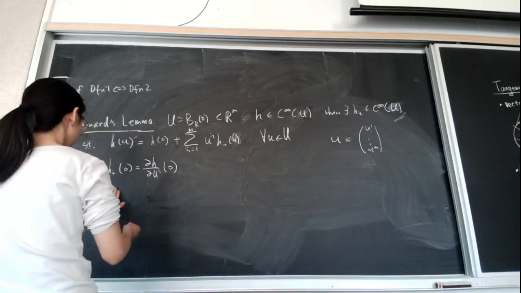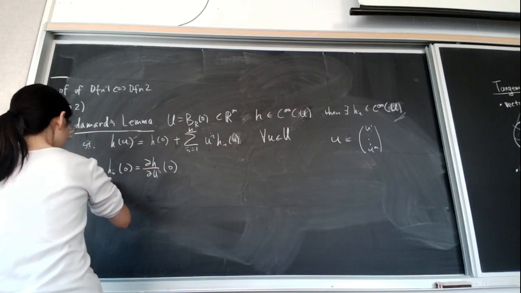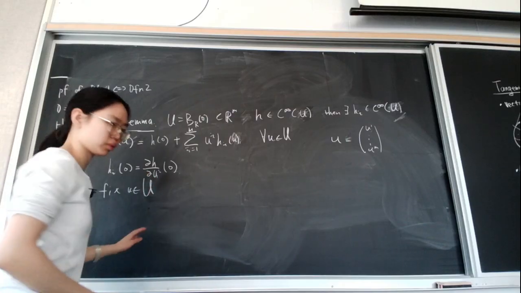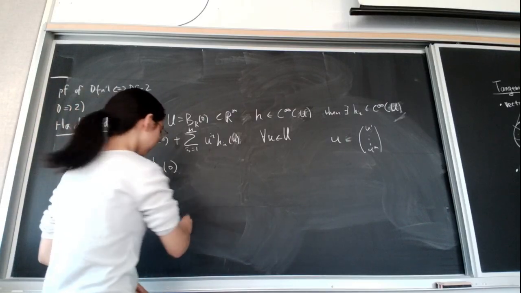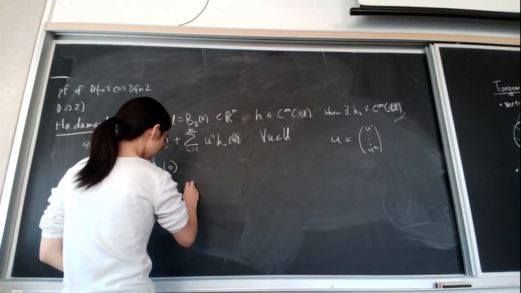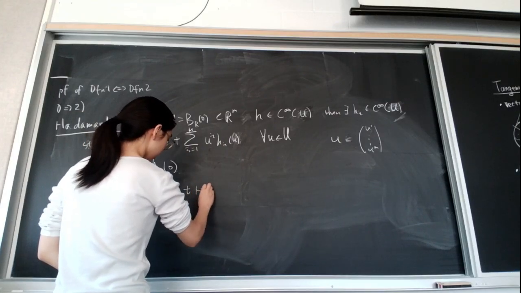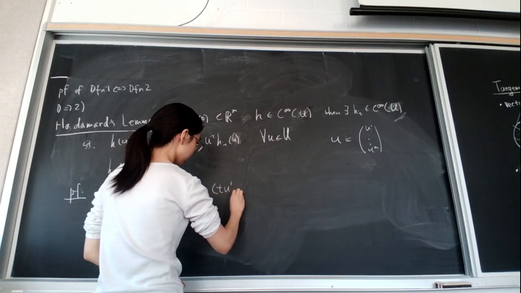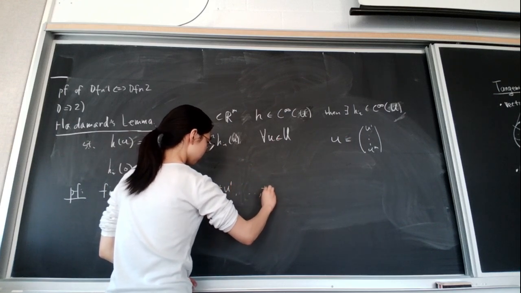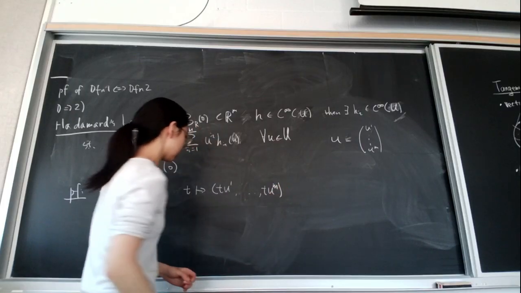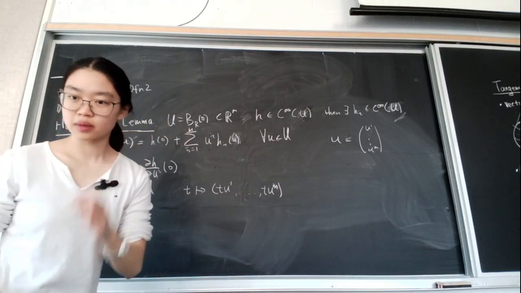So let's fix u in this open set U, and we consider the function that takes t to t times u1 up to t times un, multiplied by t in each component.